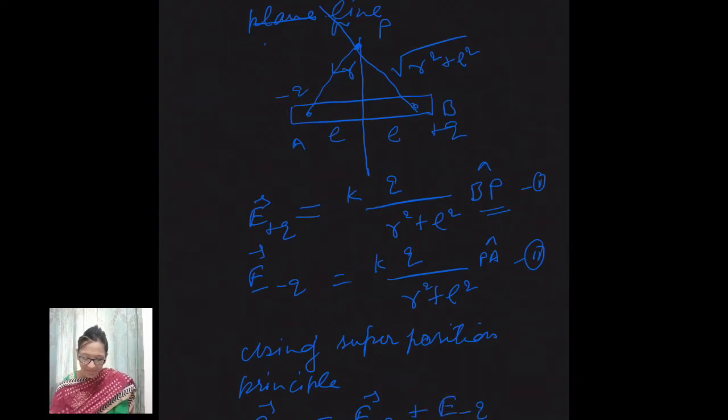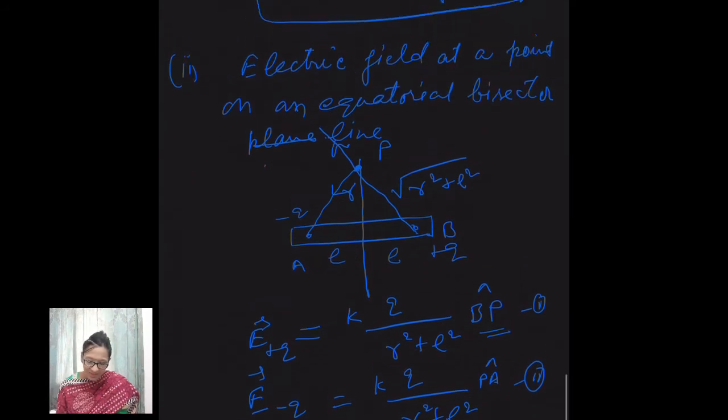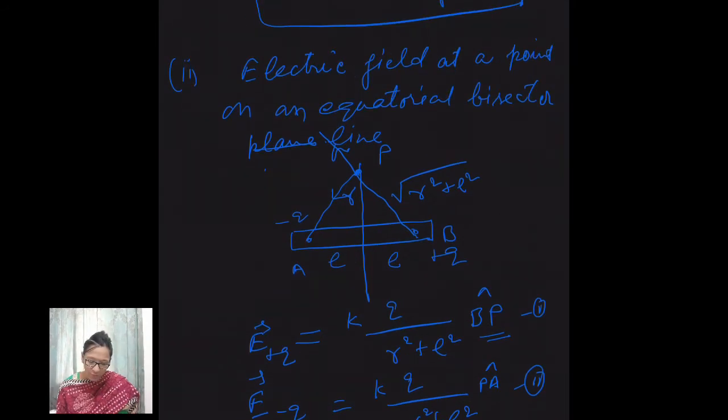Now let us see that the electric field due to positive charge will have two components. One component will be in the direction opposite to dipole moment direction, in this direction.